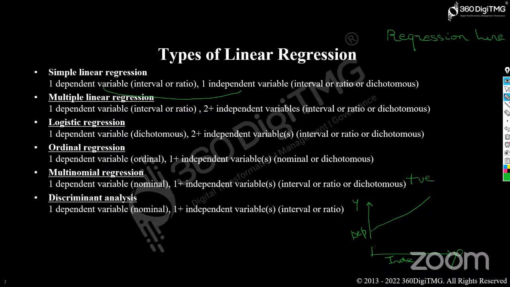If the dependent variable increases on the y-axis and independent variable increases on the x-axis, then such a relation is called a positive linear relation. For this, your equation will be y is equal to a0 plus a1.